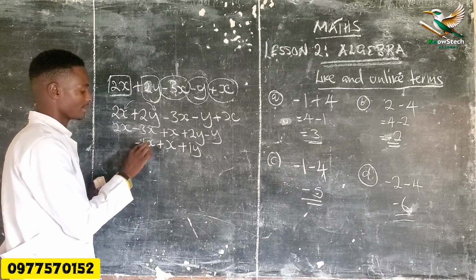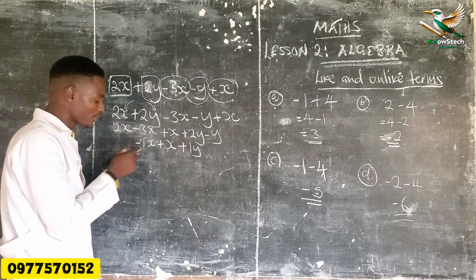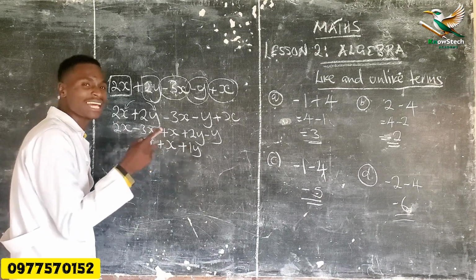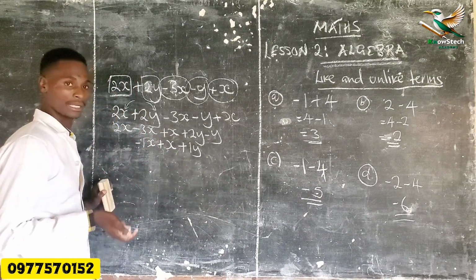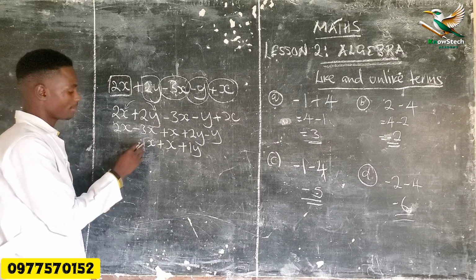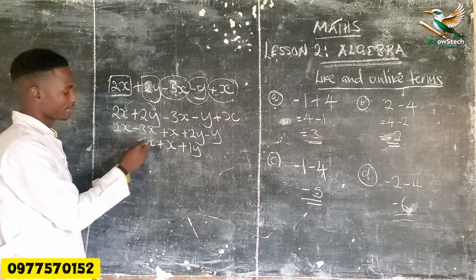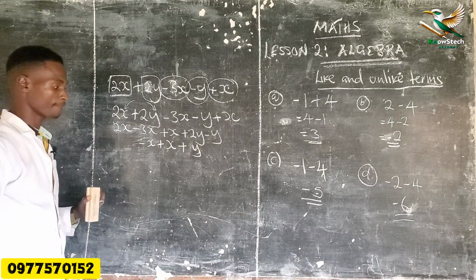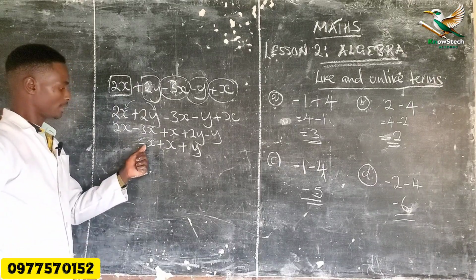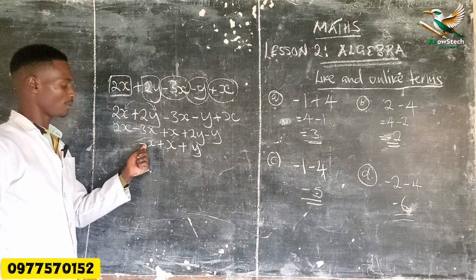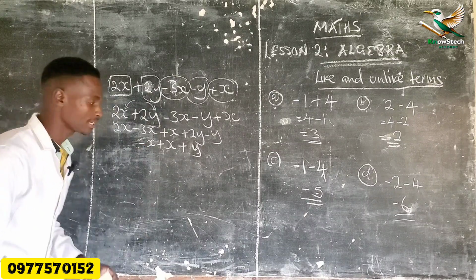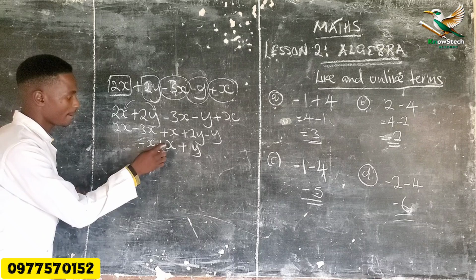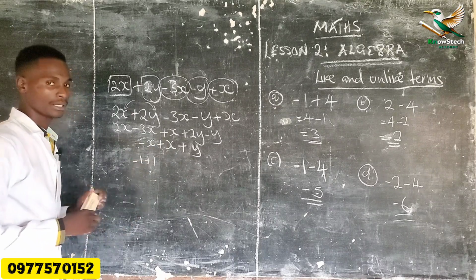So there is 1 here. Sometimes you may not see a 1 here, but let's know that there is an invisible 1. So this one is the same as negative x. This one is the same as y, like this. In other words, it is asking you what is negative 1 plus 1.